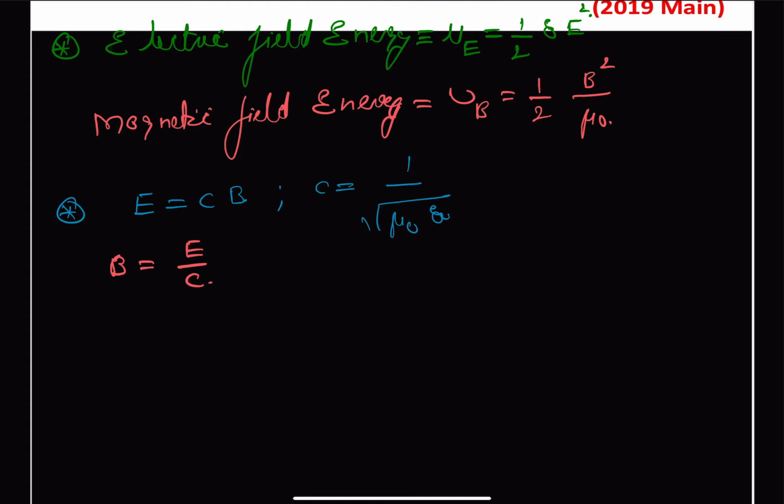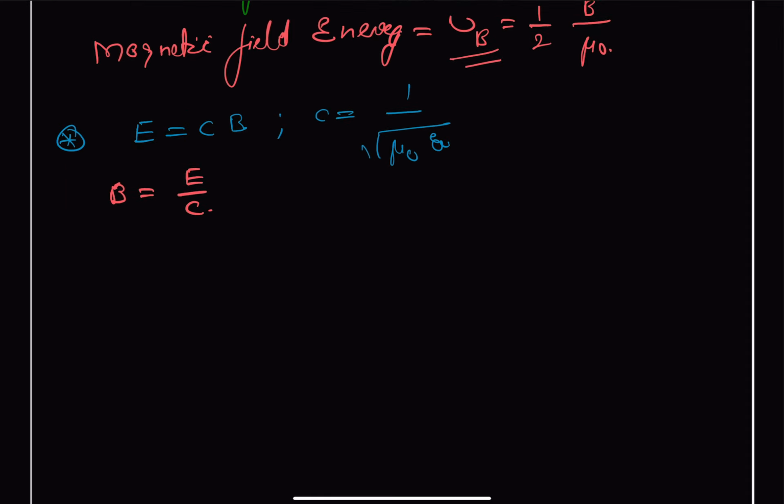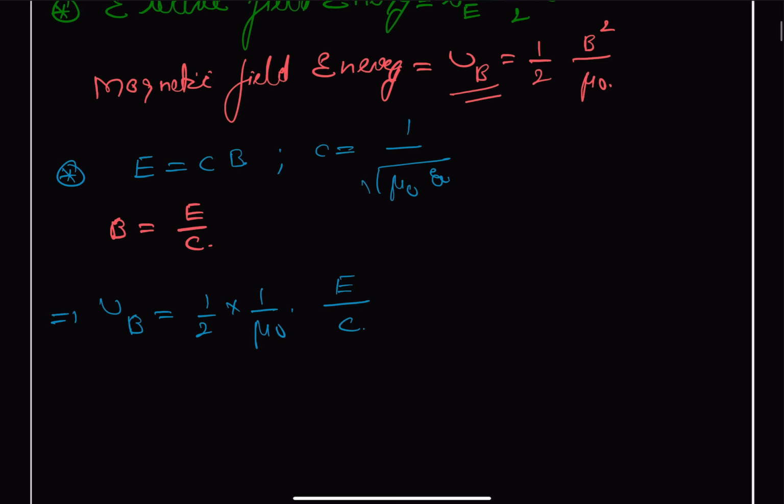So we substitute B is equal to E upon C in the equation of our magnetic field energy. So we can say our magnetic field energy, our UB, is equal to half multiplied by 1 upon mu naught, and this comes as electric field divided by C whole square.